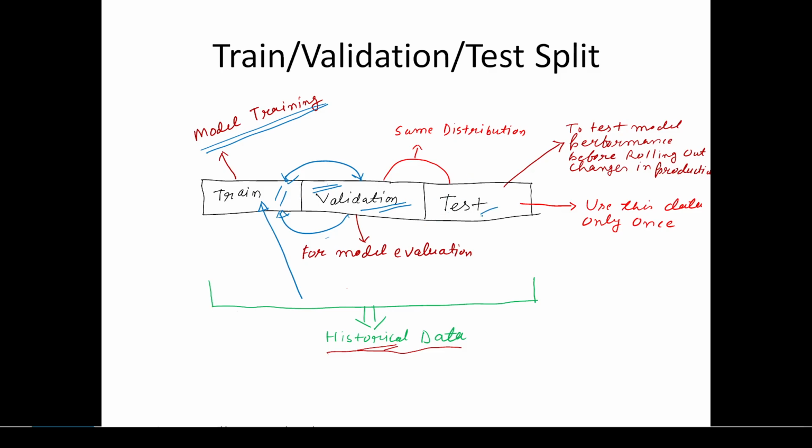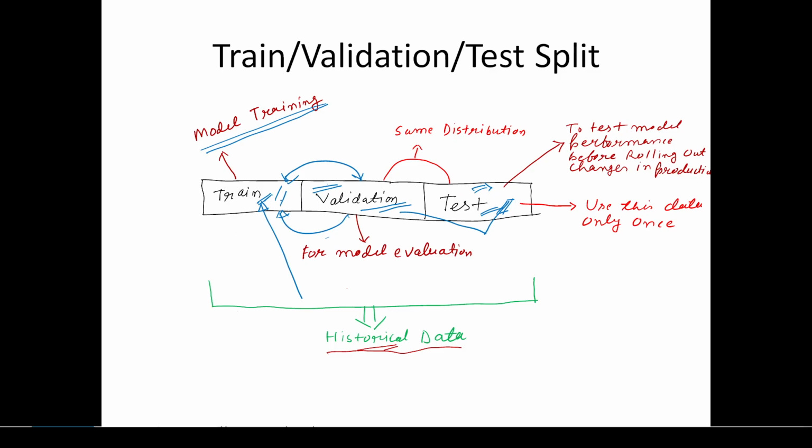And the third split we have is called test. And the purpose of test is to make sure that before deploying any changes to production, we are judging the actual performance of my trained model against the unseen data, right? And here one thing is very important between validation and test split, because validation is also categorized as unseen data, and my model training hasn't included any part of the validation data, and test data also falls under the unseen category, right?